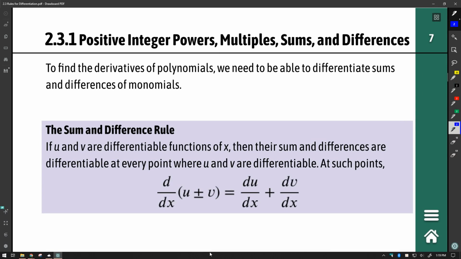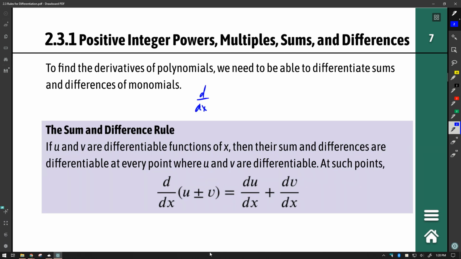Finally, the sum rule. So just like with limits, the derivative of a sum of functions or the derivative of a difference of functions is equal to the sum or difference of the derivatives. So this means now we have the ability to find derivatives of all polynomials because polynomials are sums and differences of monomials.